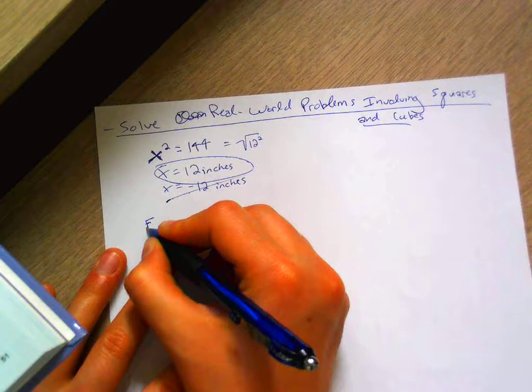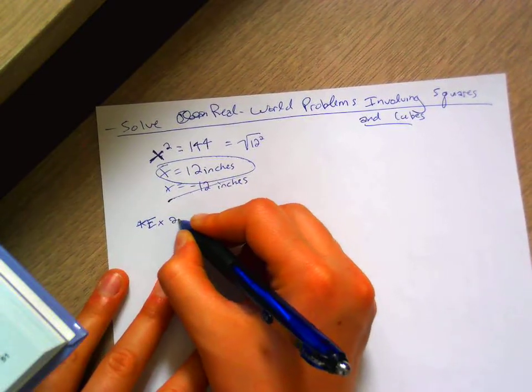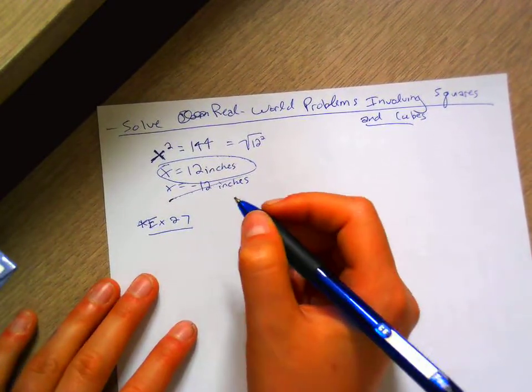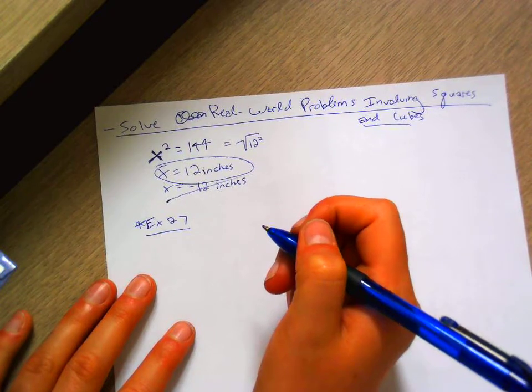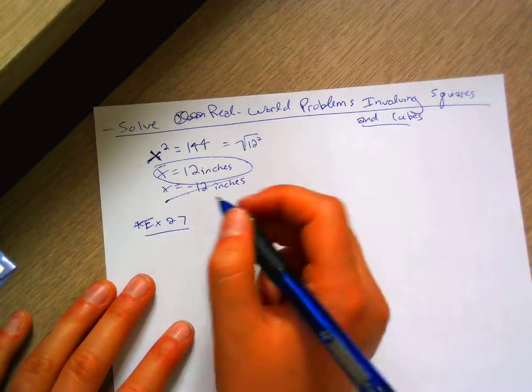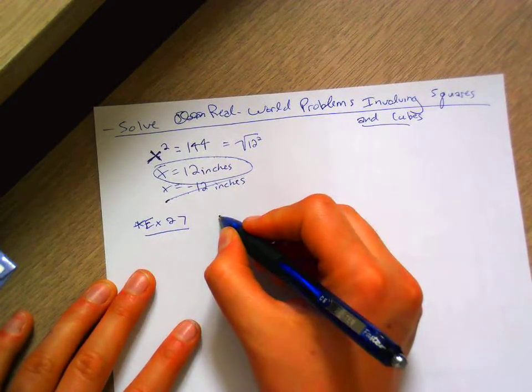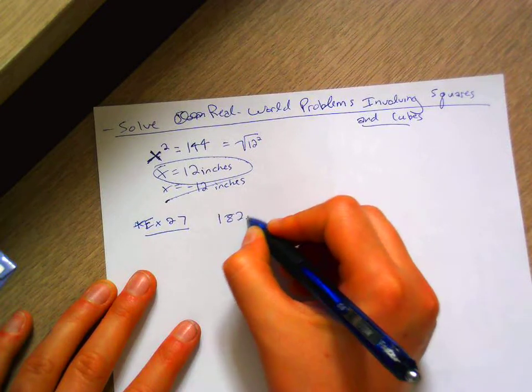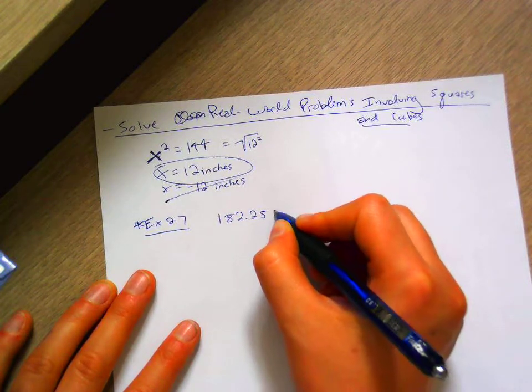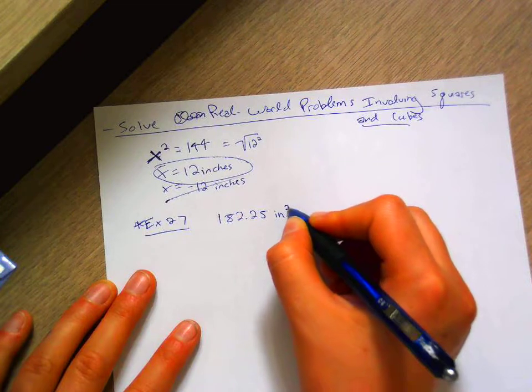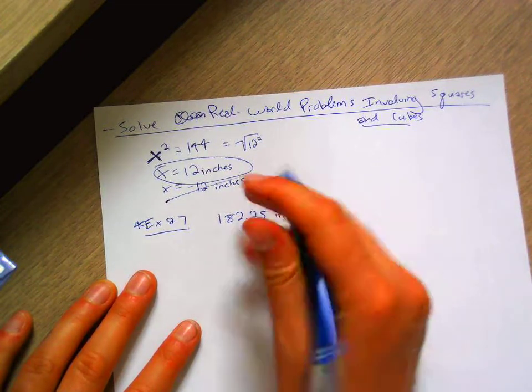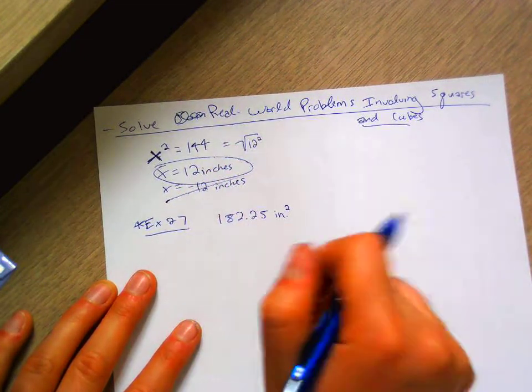Let's try this in an example. Teresa wants to put a piece of carpet on the floor of her living room. The floor is a square with an area of 182.25. When it says square inches, you write inches squared because it's been taken an inch by an inch.